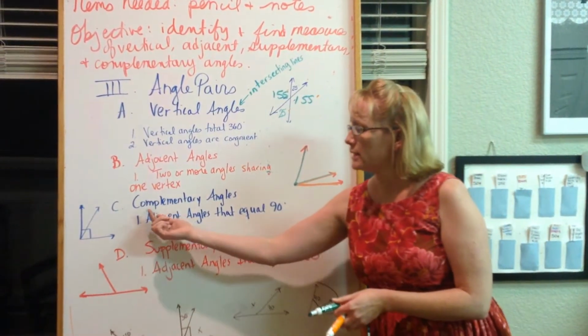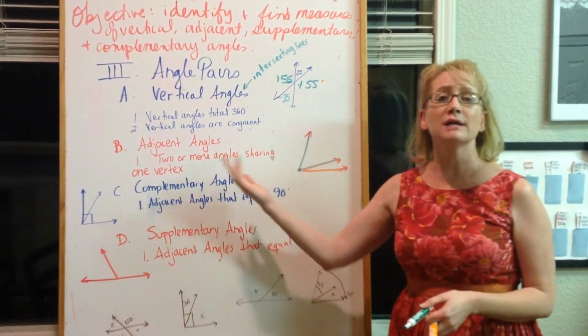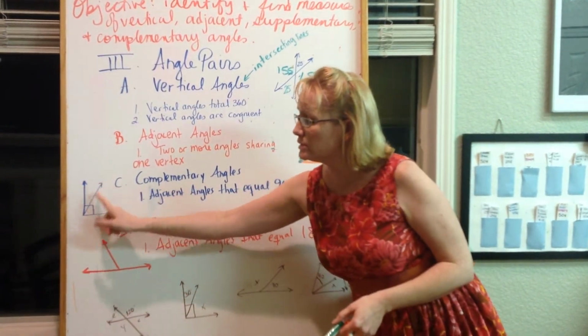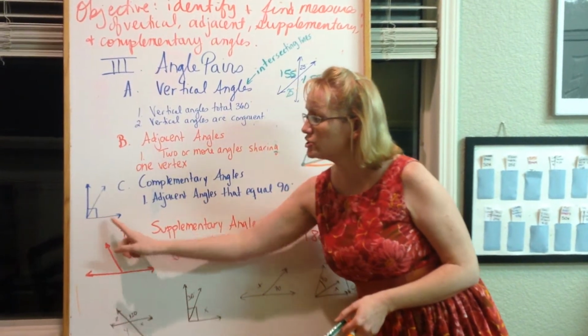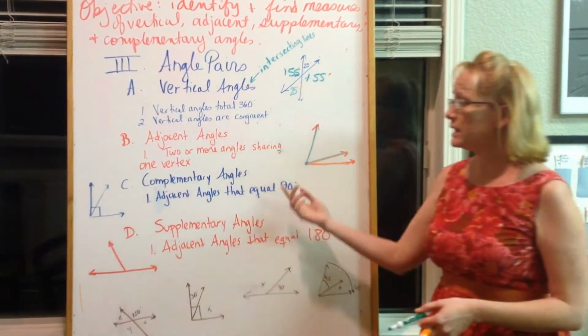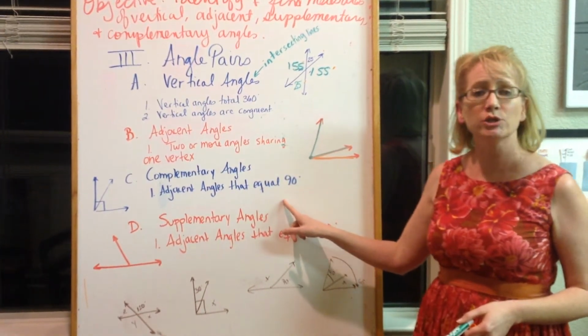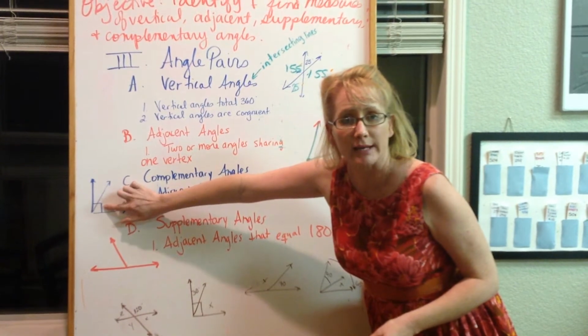The next one is a complementary angle. A complementary angle is a special type of adjacent angle. Here's a drawing of it. Notice I have two angles, one right here and one right here. They're sharing a vertex, but they're special because together they equal exactly 90 degrees, and I know it because of this symbol right here.